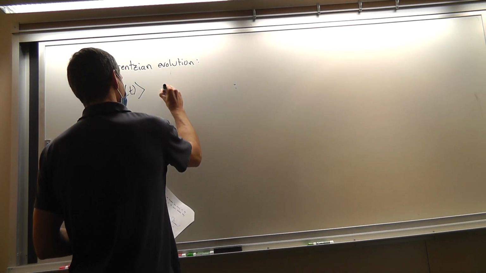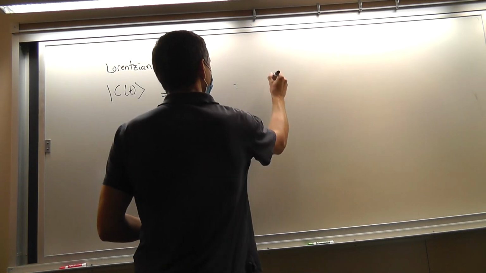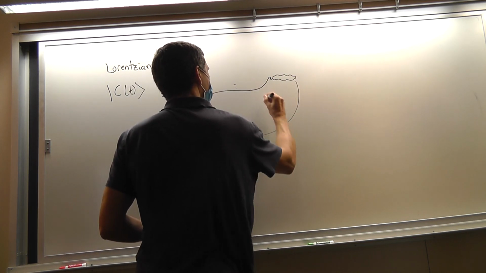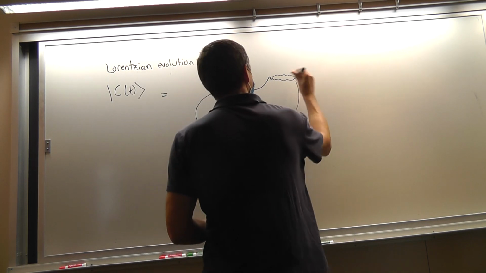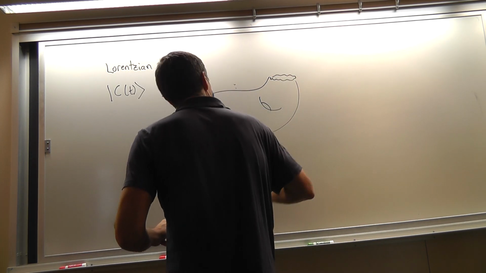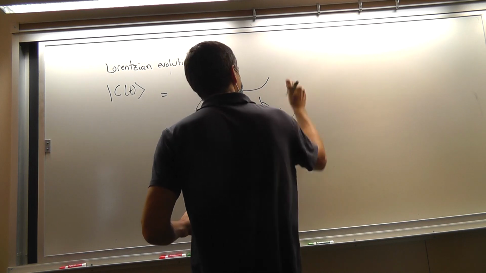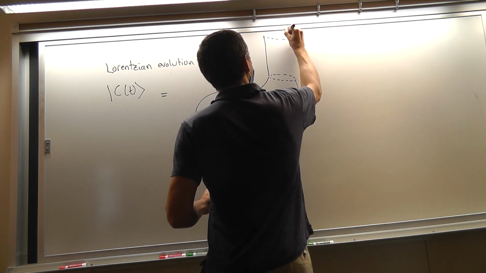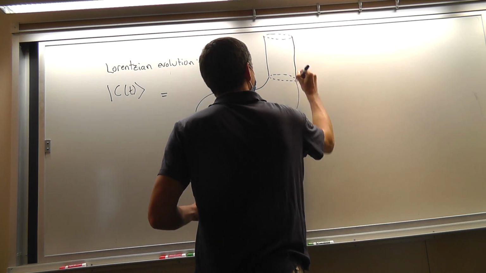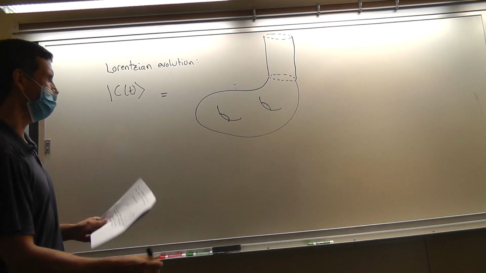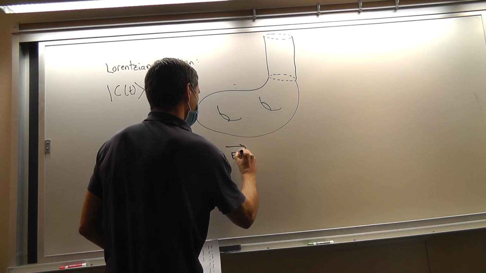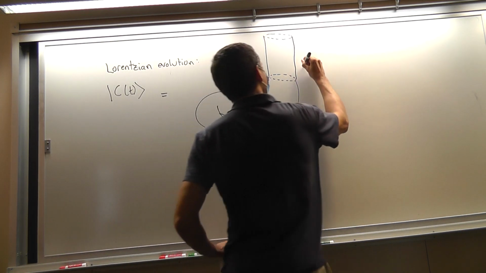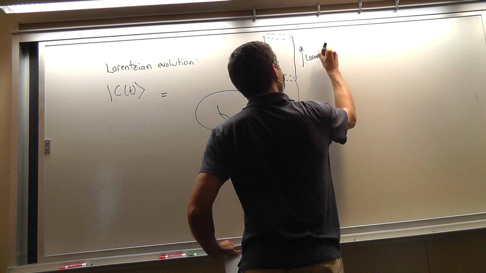There's a path integral that does that evolution for us, and it looks something like this, with the caveat that this piece of the manifold is a Euclidean manifold, and this piece of the manifold is a Lorentzian manifold.